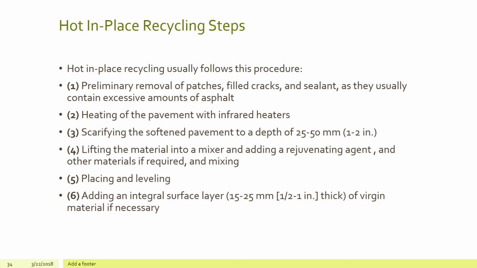We move on to scarifying the softened pavement to a depth of about 1 to 2 inches. We then lift the material into a mixer, adding a rejuvenating agent and other materials as required, and start the mixing. From this point, we place and level out the material, and of course we add an integral surface layer, a half to an inch thick, of virgin material if necessary.